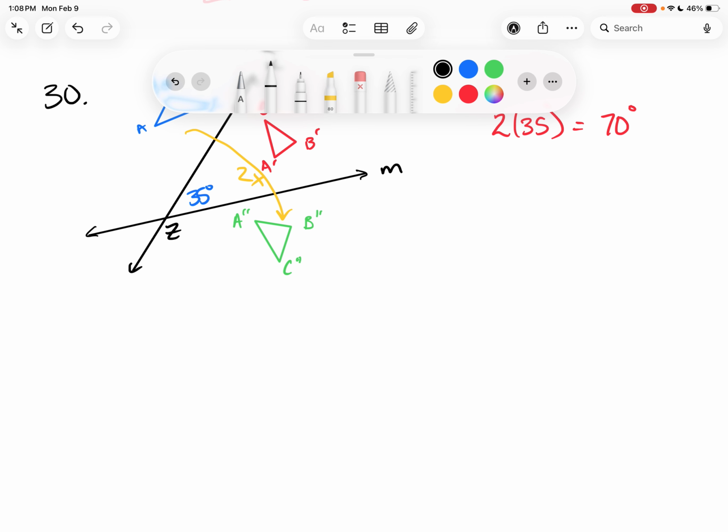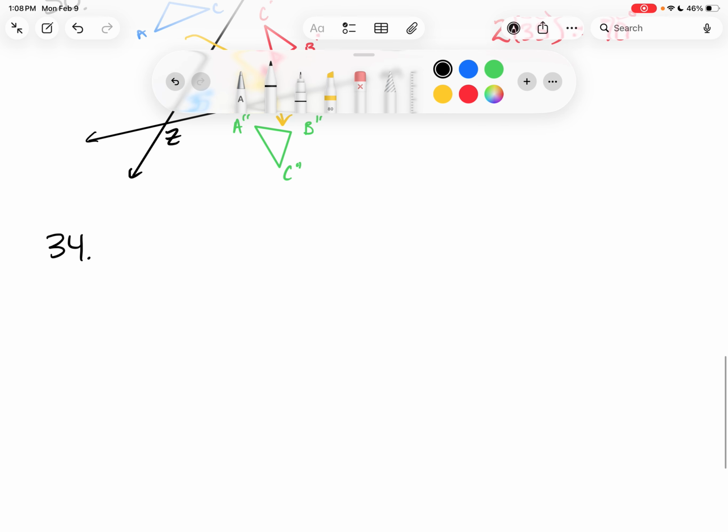Find the value of each variable in the rotation of the polygon about point P. 34. Again, you don't need to copy this. I'm just gonna attempt to draw it so we can look at it a little bit better.